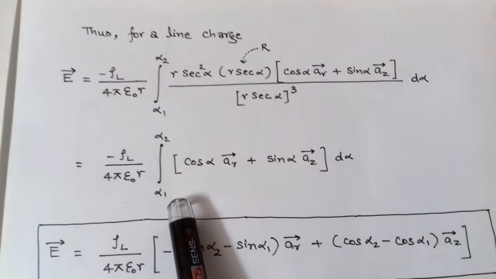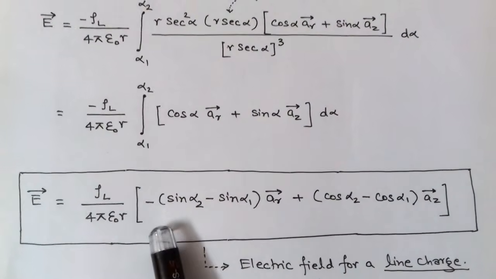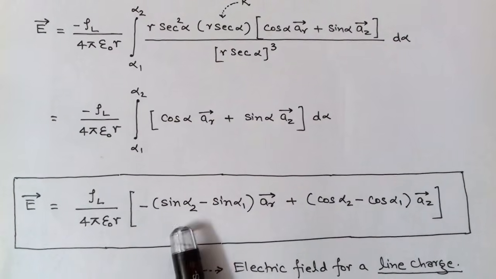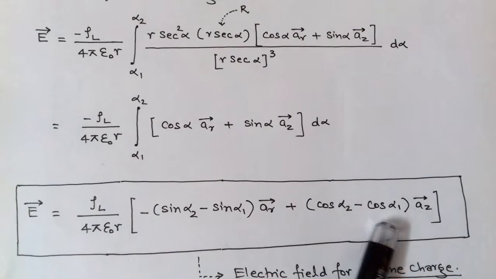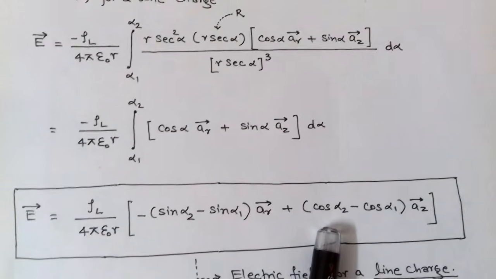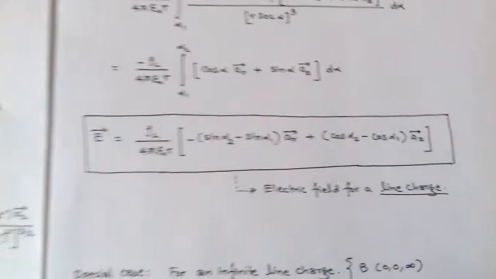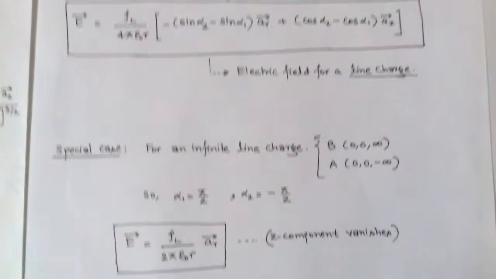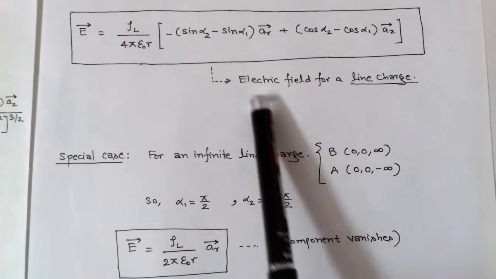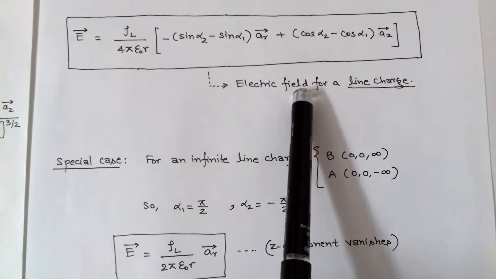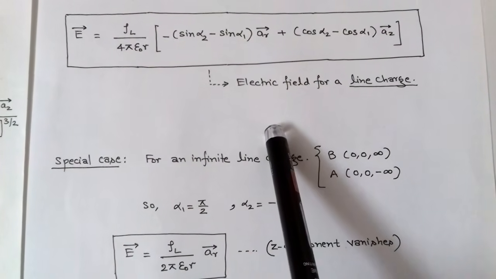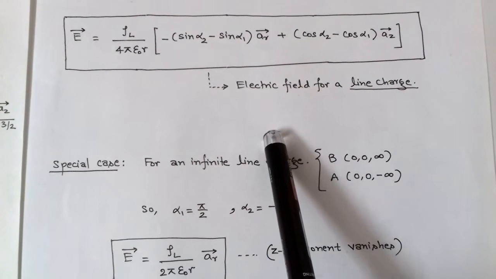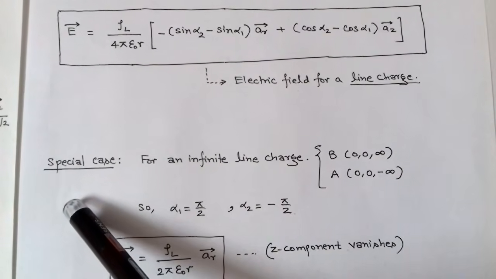Now we take the integration with respect to alpha, and we get this equation of electric field intensity. So this is the electric field intensity due to a line charge in terms of the angles alpha with respect to points A and B.